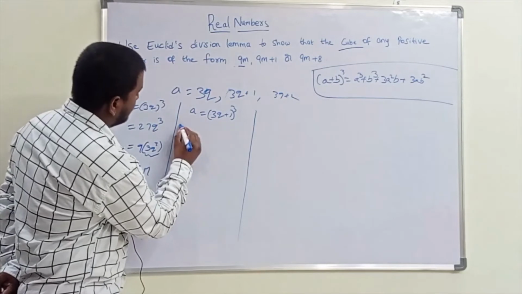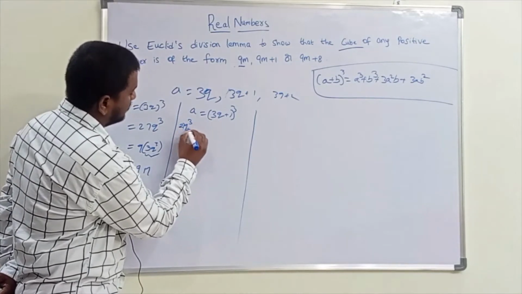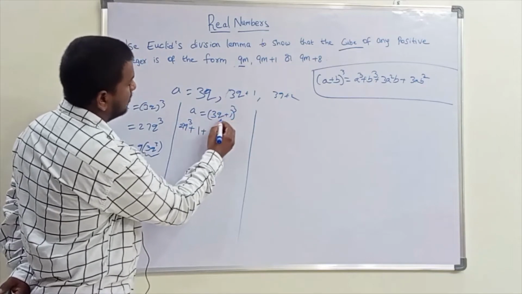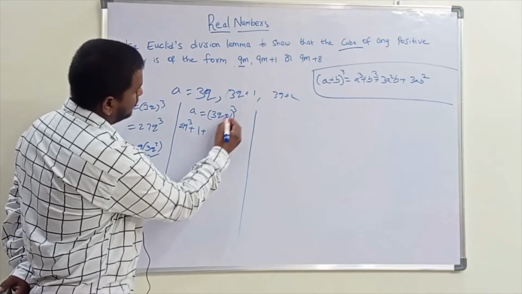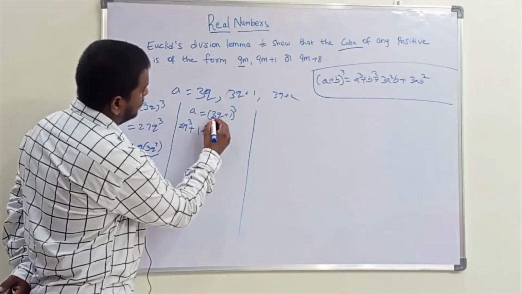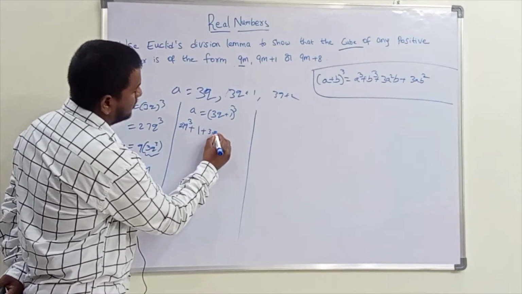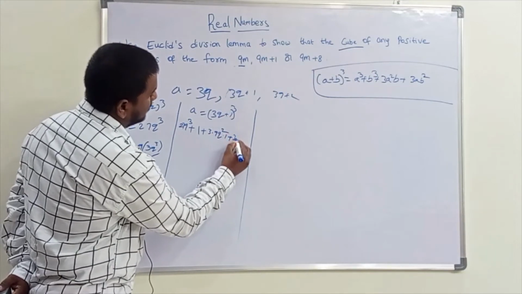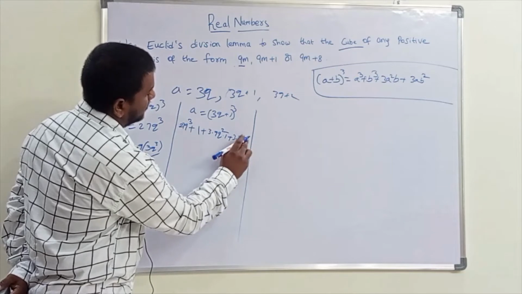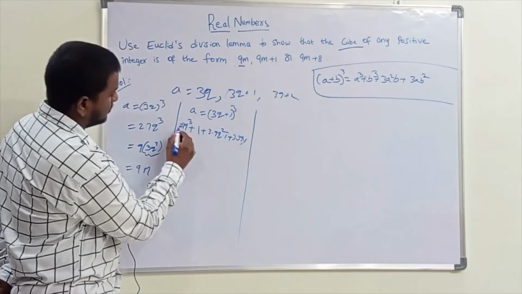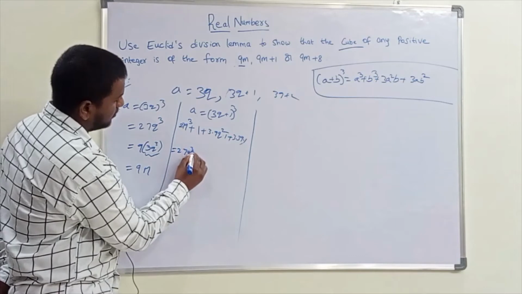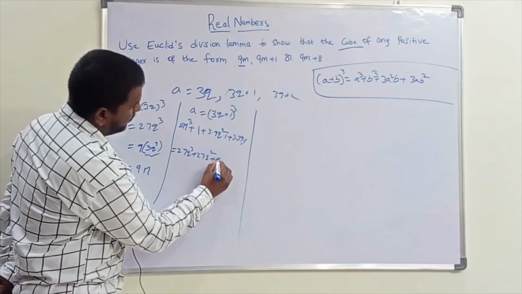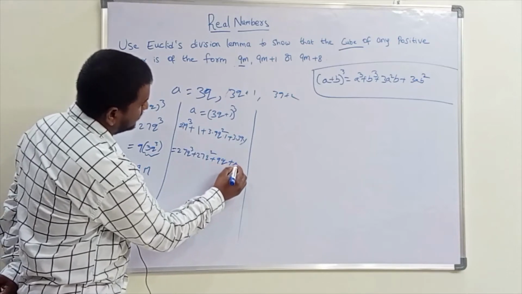So a cube means 27q cube plus b cube is 1 plus 3a square b. So a square means 9q square. 3 into 9q square into 1 plus 3ab square into 1. So it is 27q cube plus 27q square plus 9q plus 1.